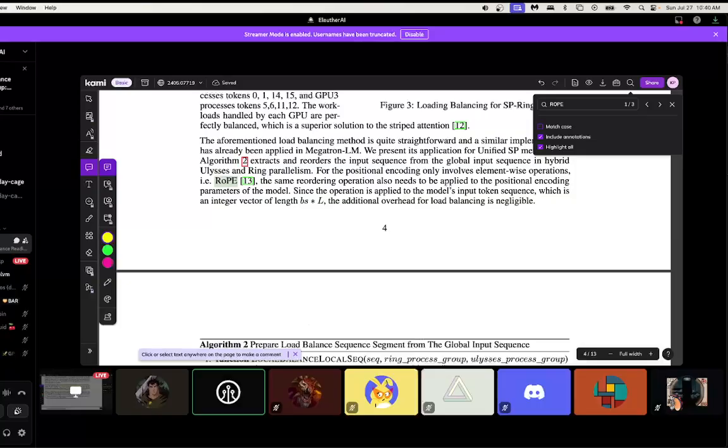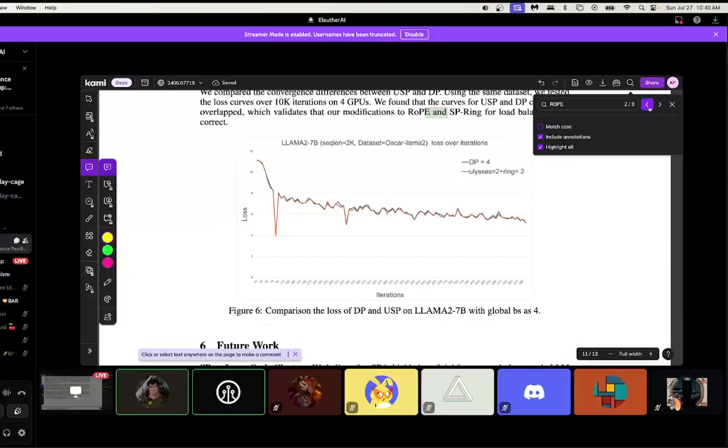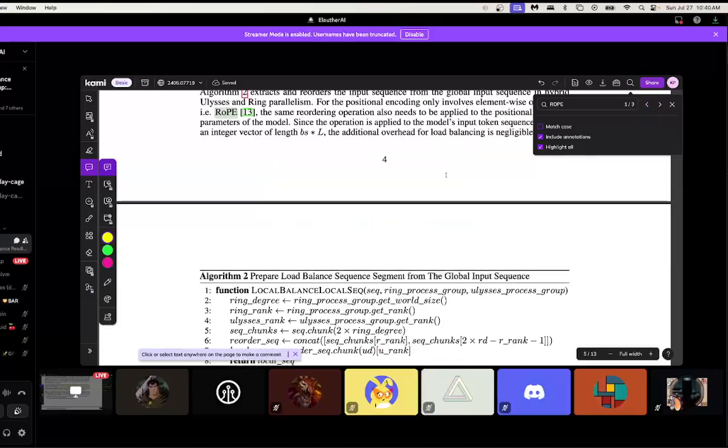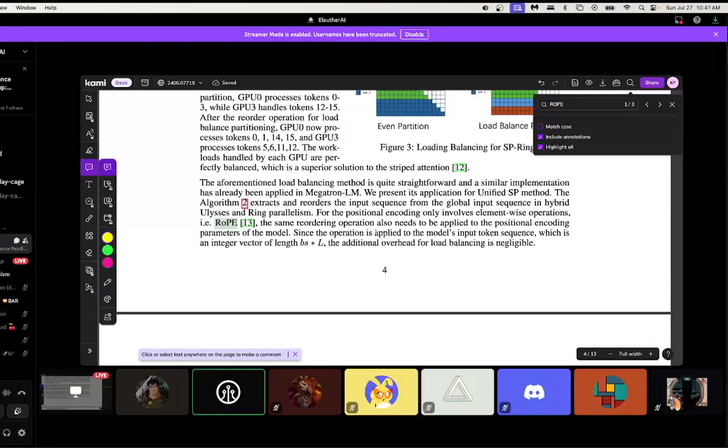This is all they said, and I'm still just not sure. Maybe somebody else implies you redo the RoPE. It kind of sounds like that's what they're saying. But aren't you losing the actual original ordering of the words? I mean, clearly you must not be, but in my current understanding, it seems like you would.